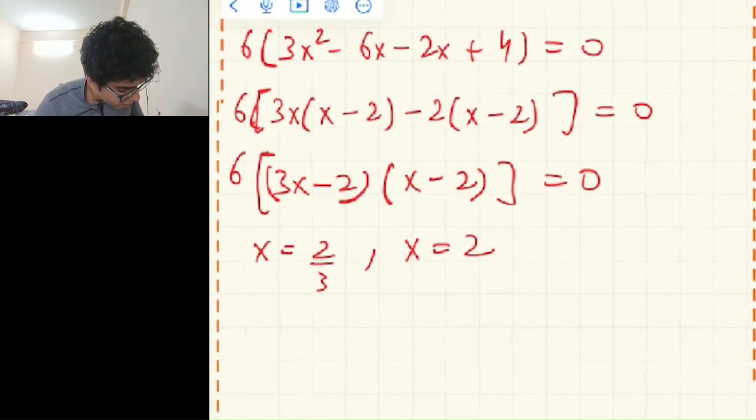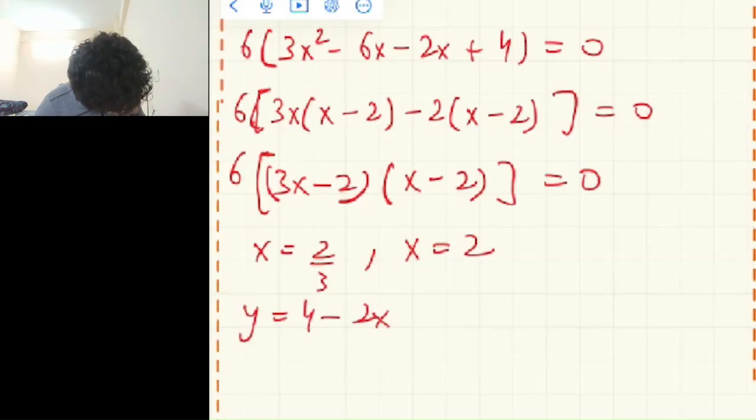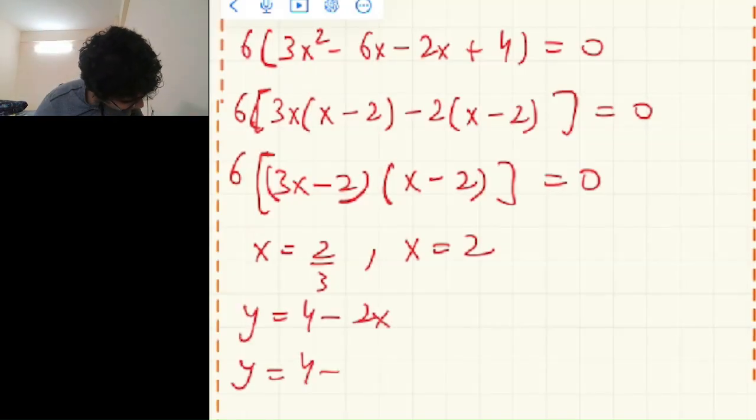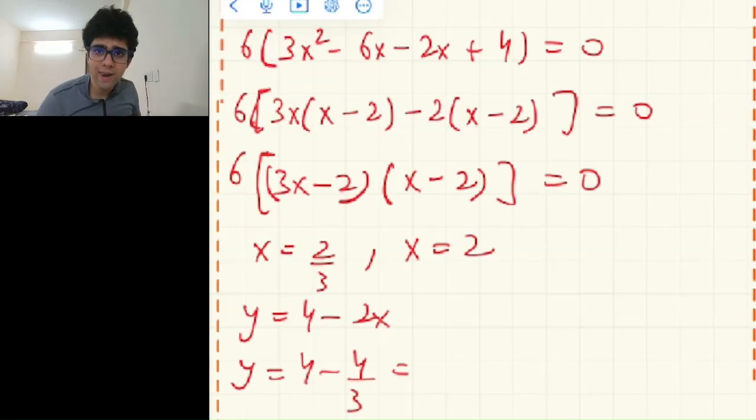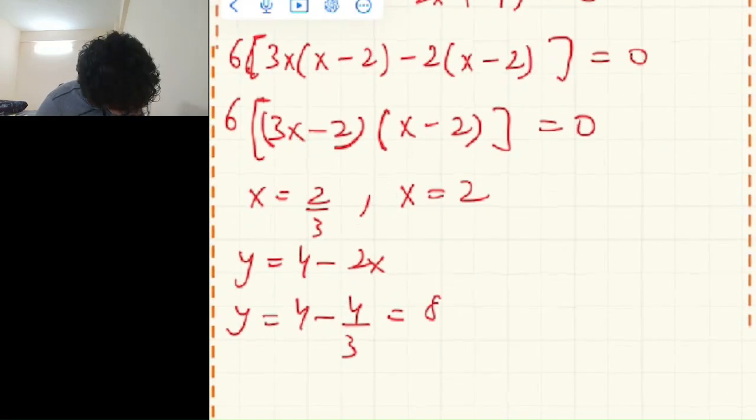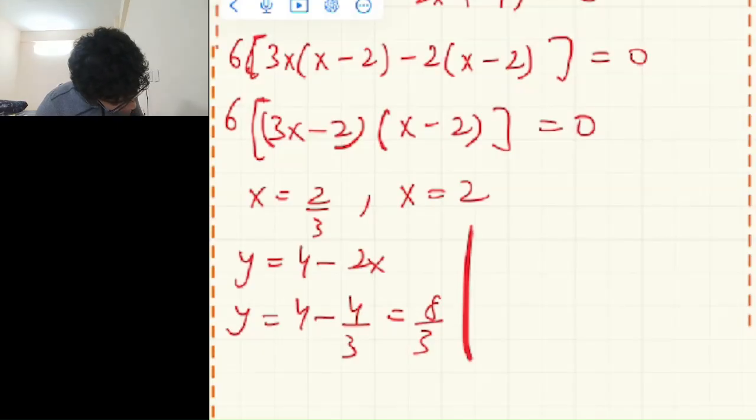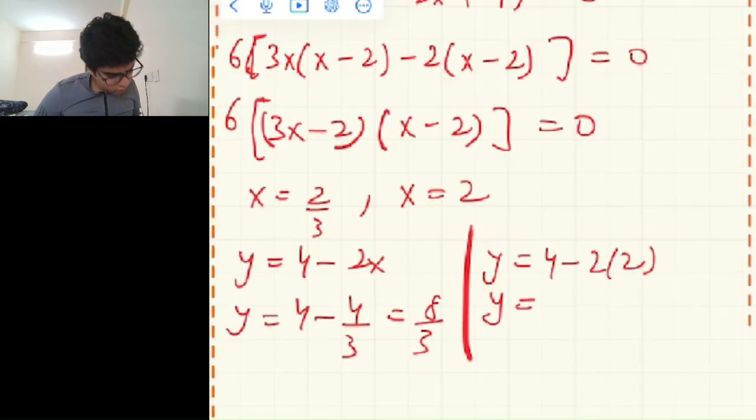Now again y was 4 minus 2x, so y can be 4 minus 2 into 2 by 3. 2 into 2 by 3 is 4 by 3, and 3 into 4 is 12, 12 minus 4 is 8, so 8 by 3. And for x equal to 2, y is equal to 4 minus 2 into 2, so y is 4 minus 4, y is 0.